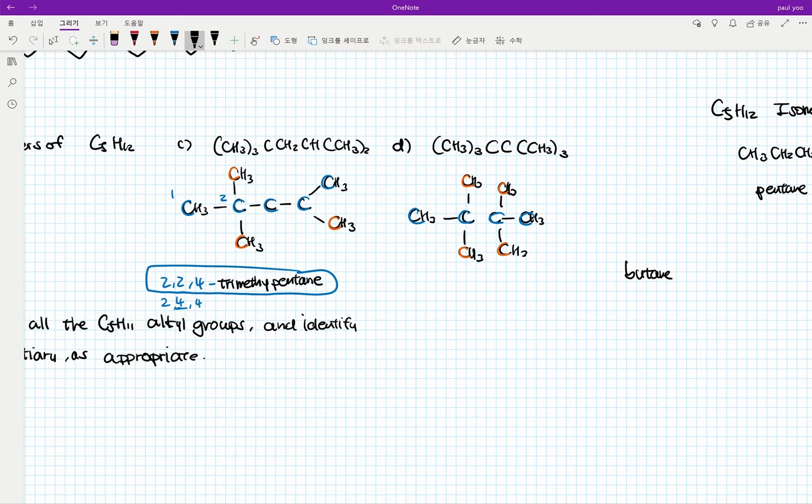So we shall name them tetramethylbutane that has 2, 2, 3, 3. Either direction it goes, it has a symmetry, so it will be named 2,2,3,3-tetramethylbutane.